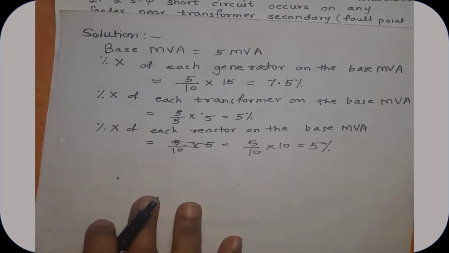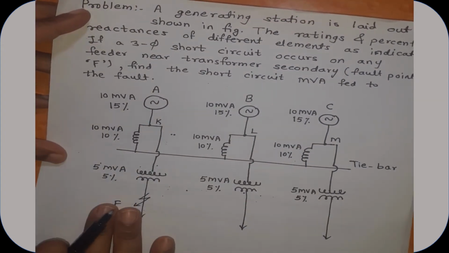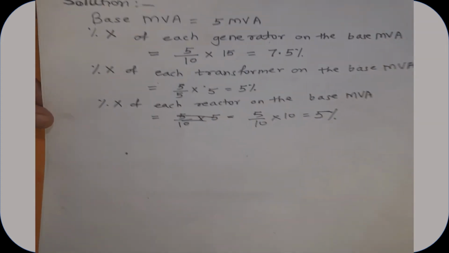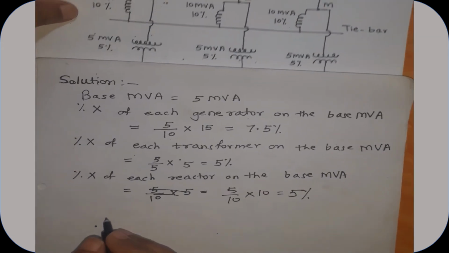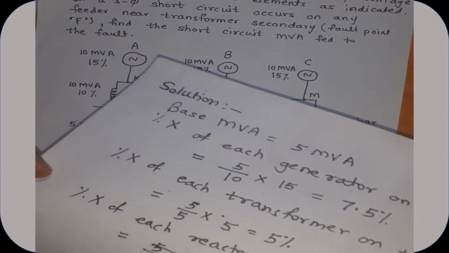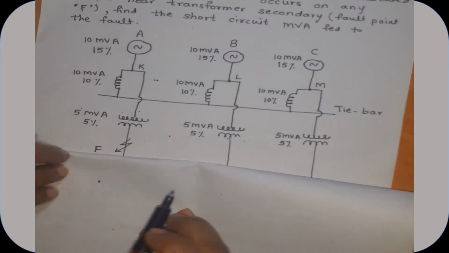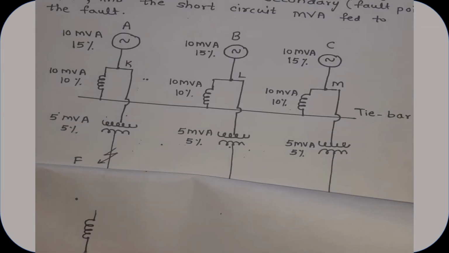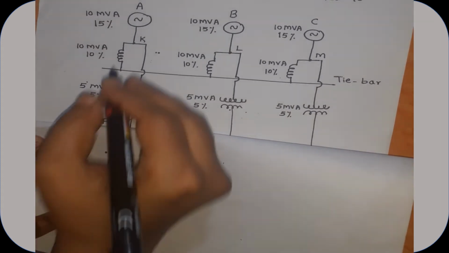So let's start drawing the equivalent reactance diagram of this power system or this generating station. For your reference, keep this diagram with you. I am going to draw its equivalent reactance diagram. Reactance of generator, reactance of reactor.